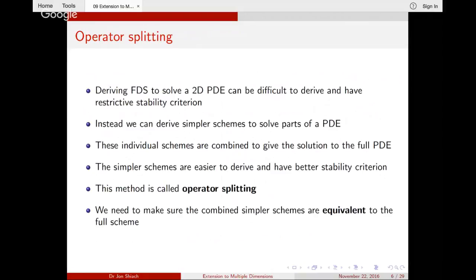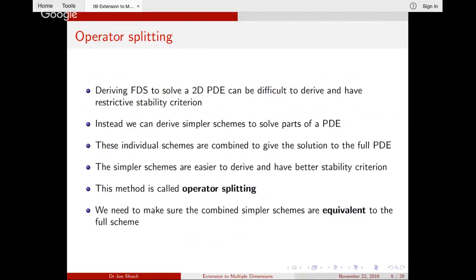And we use a one-dimensional solver for each of those separate ones, one in the x direction and one in the y direction. Now, these individual schemes can be combined to give the solution to the full PDE. So you're splitting up a difficult problem into several easier problems, and you combine the solutions and you get the solution to the difficult problem.